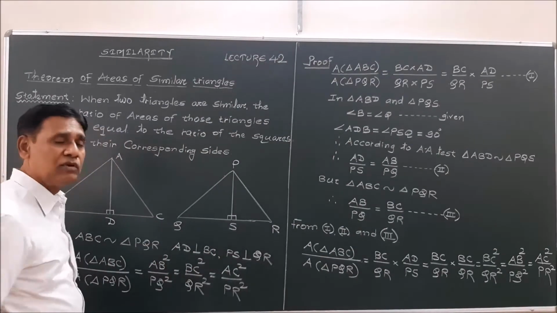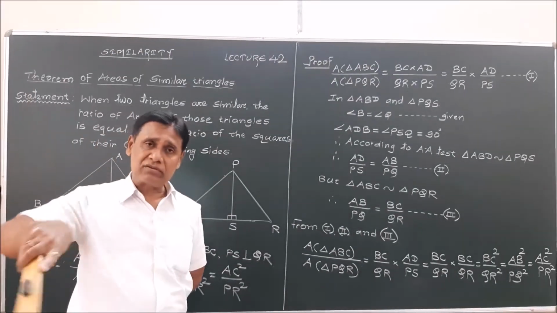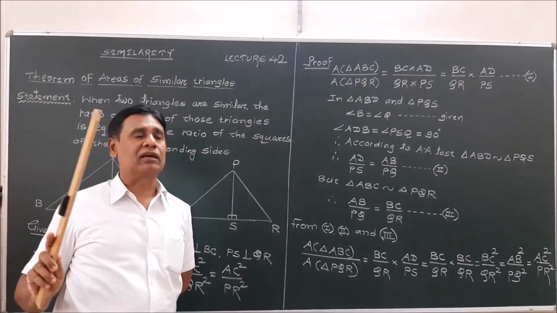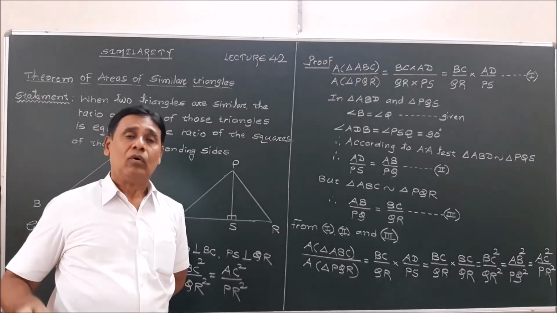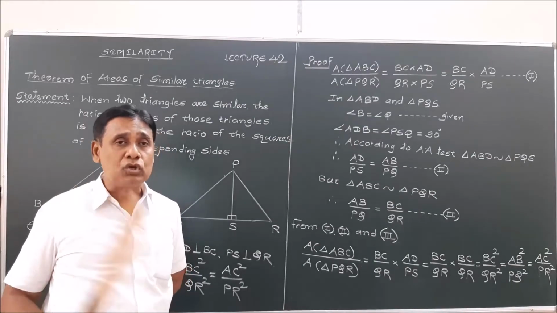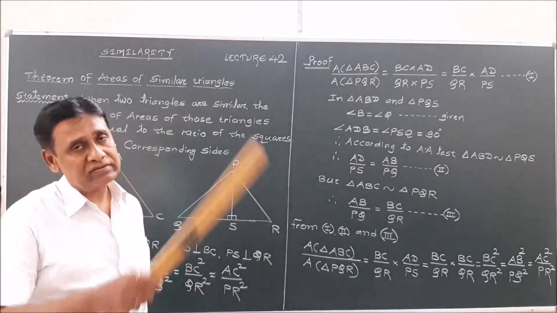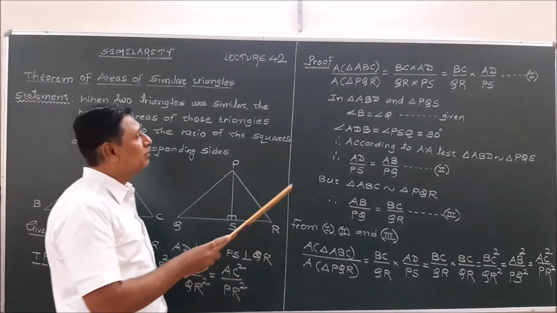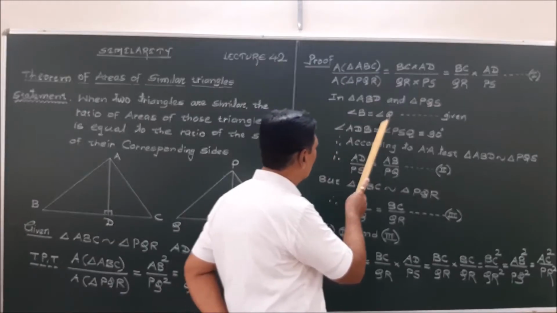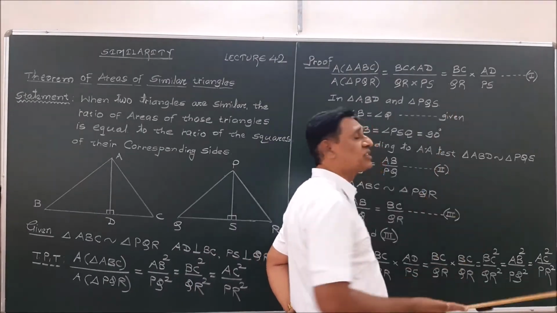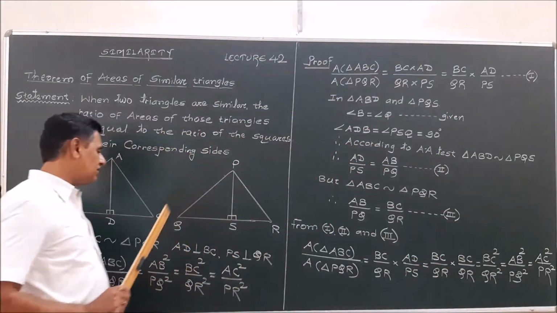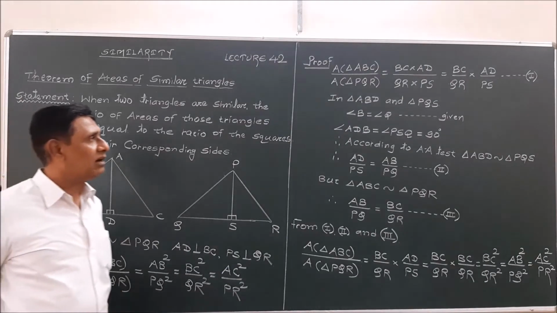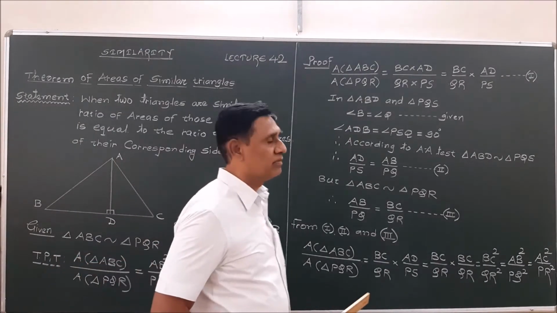But you have to understand that since triangle ABC is similar to triangle PQR, therefore B is congruent with Q, as corresponding angles of similar triangles are equal. This is very important to understand.